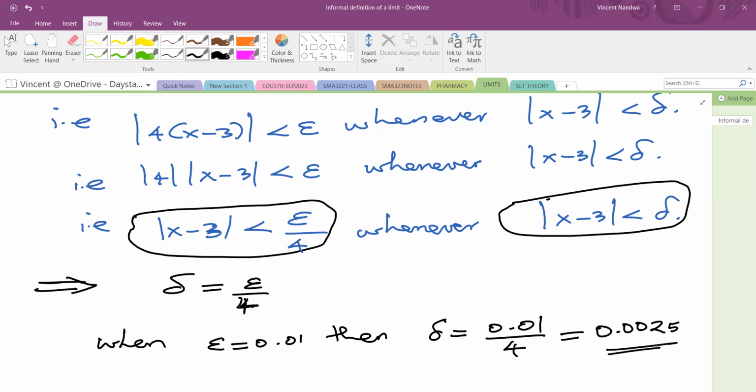So that is, in a nutshell, how we prove limits. In the process of proving limits, you may be given either epsilon or delta, and you're asked to find the other unknown value, which is done by first going through the normal proof and seeing the relationship between epsilon and delta.